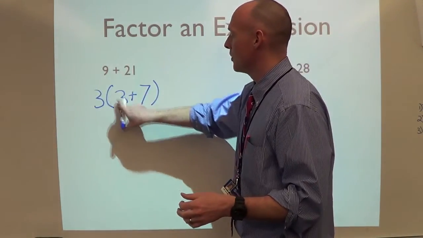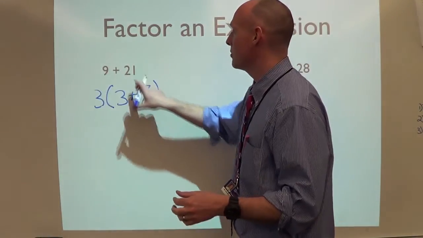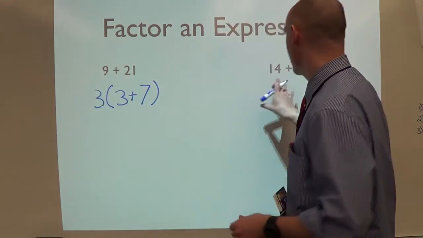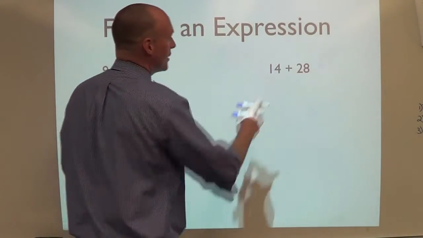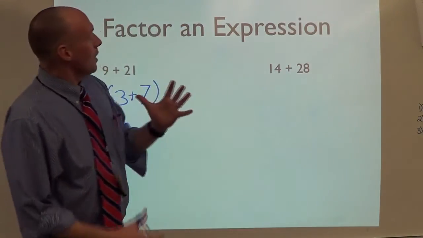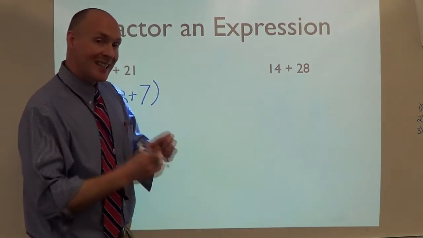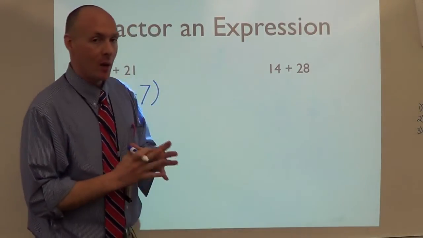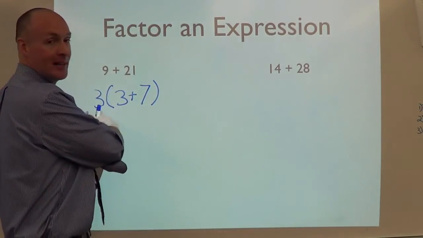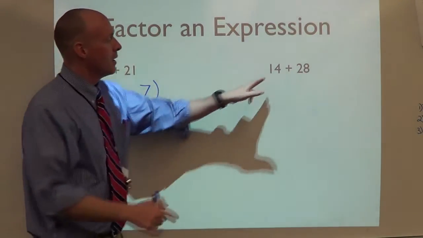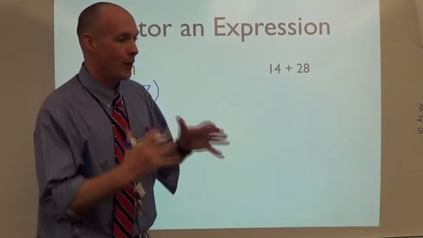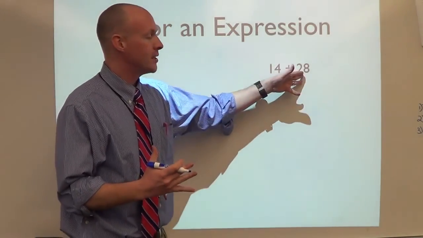3 times 3 is 9, plus 3 times 7 is 21. So let's try this one. 14 plus 28. What we're going to do is look for the largest number that can go into both. That's going to go on the outside. 14 and 28.